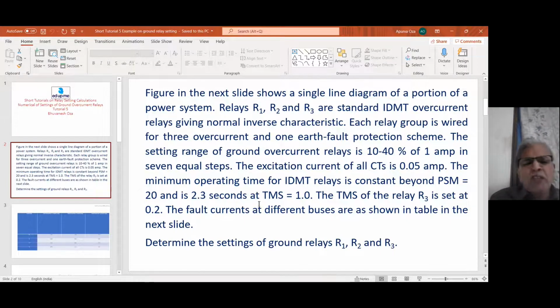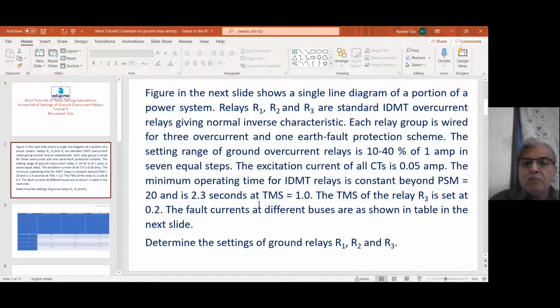Now here it is 2.3 seconds in electromagnetic and static schemes. In numerical relay, it is adjustable. You can go for 2 seconds, you can go for 1 second. So adjustable minimum time is there in numerical relay. But we have to start with certain assumptions, my friends. So I go with 2.3 second minimum time.